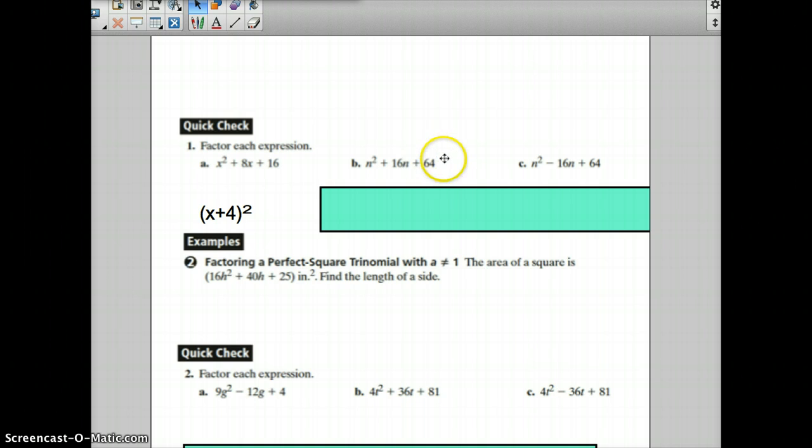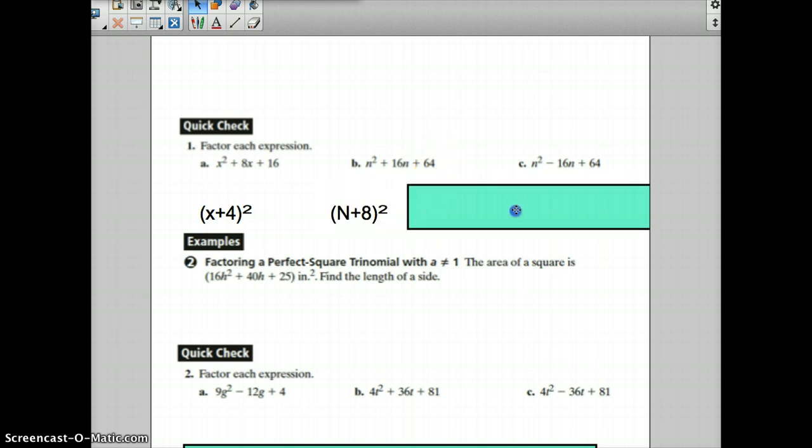The square root of 64 is 8, and 8 times 2, you guessed it, is 16. So we've got n plus 8 quantity squared. And in our last one, we've got 64 again, and our b value is minus 16. So it's going to be the same as the first example, except we have subtraction going on.